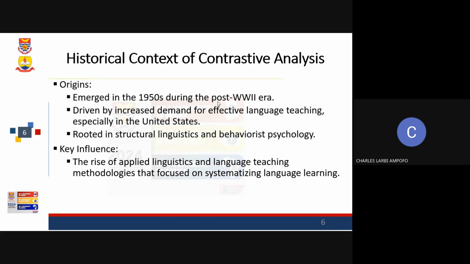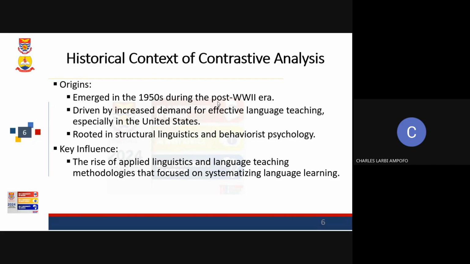This contrastive analysis approach is rooted in structural linguistics and behavioral psychology. As I said, we'll come back to these two in our later slides. What it means is that it's underpinned, it gets its motivation, its method from structural linguistics and behavioral psychology.